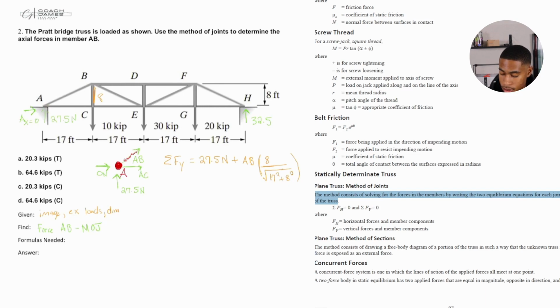What's our hypotenuse? Well, we don't know our hypotenuse. This is the hypotenuse. We don't know that distance. So how do we get the distance? It's going to be 8 squared plus, so y squared plus x squared. What's our x? 17 squared. All over the square root. And that gives us this value, the hypotenuse.